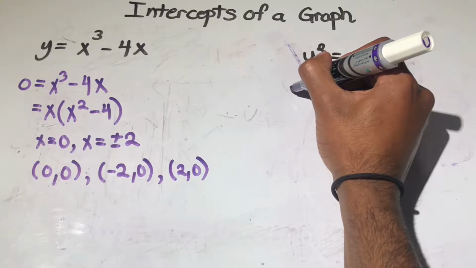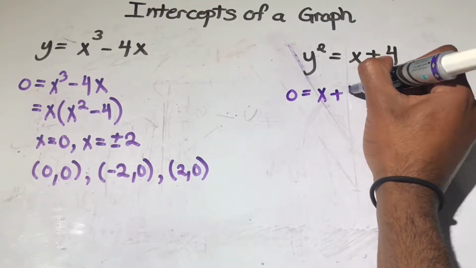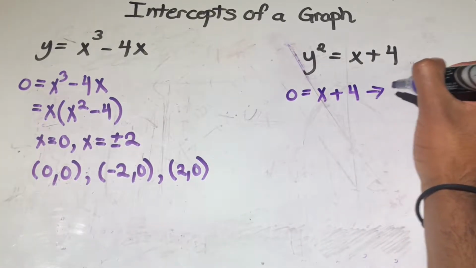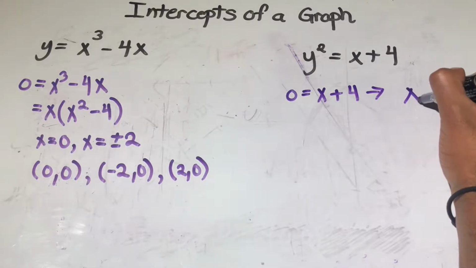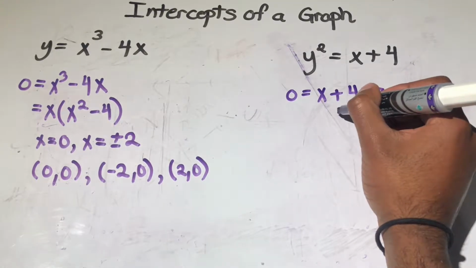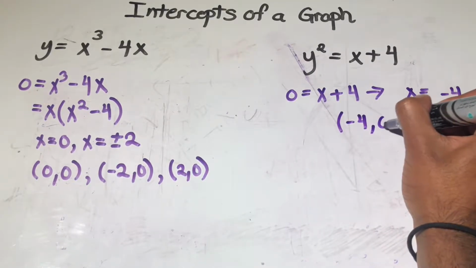So here we have 0 is equal to x plus 4. This is going to give us x is equal to negative 4. This point on the coordinate plane is negative 4, 0.